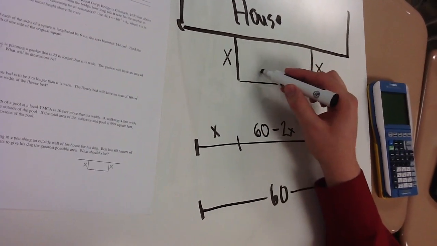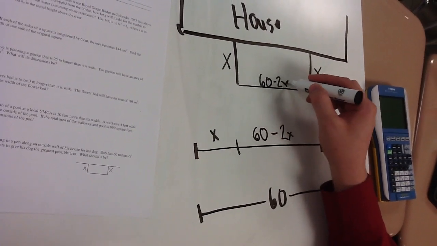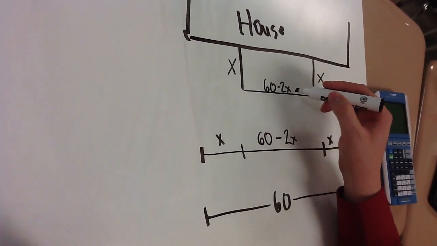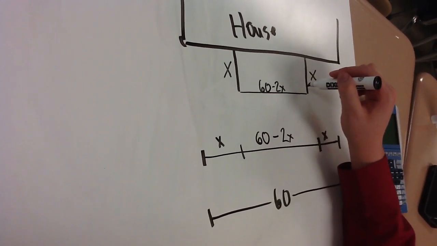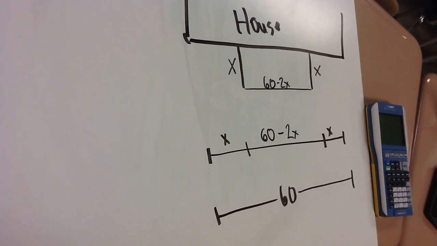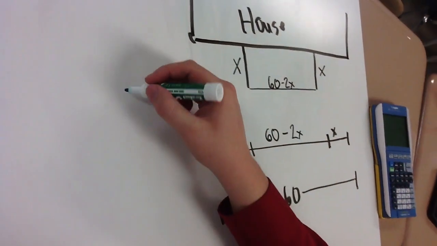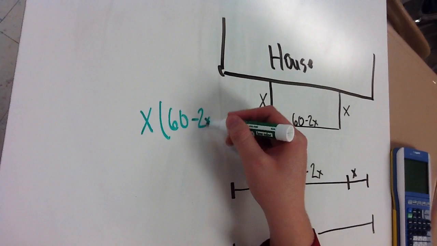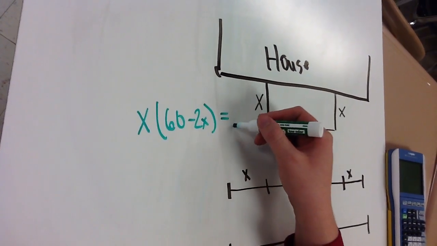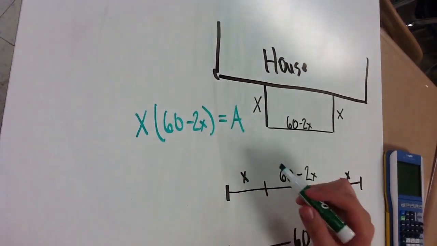So if I label this part up here 60 minus 2x, this is going to give me a length and a width that I can multiply together to find the largest area. So I'm going to say, okay, I want x times 60 minus 2x to be equal to my largest area.